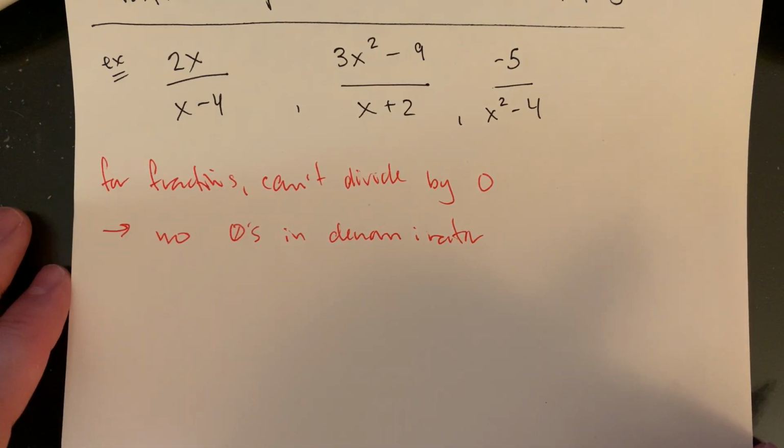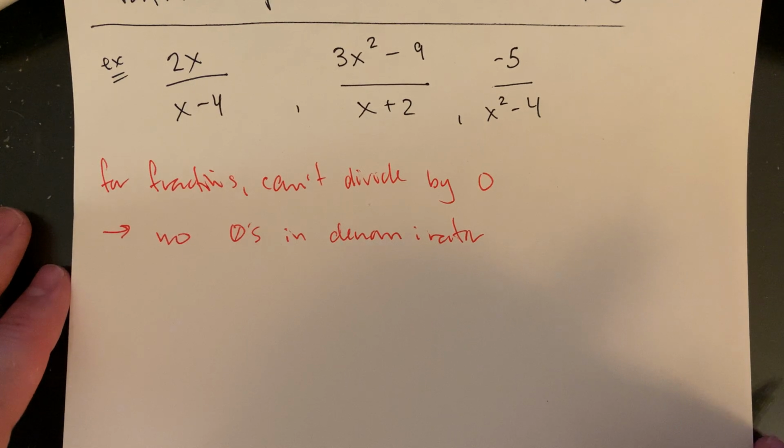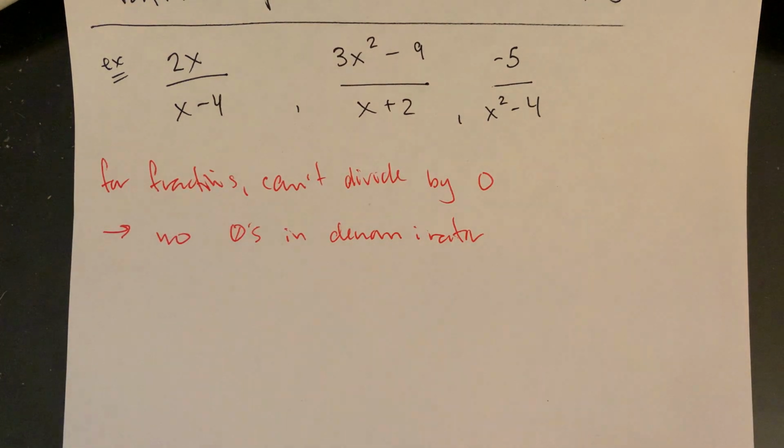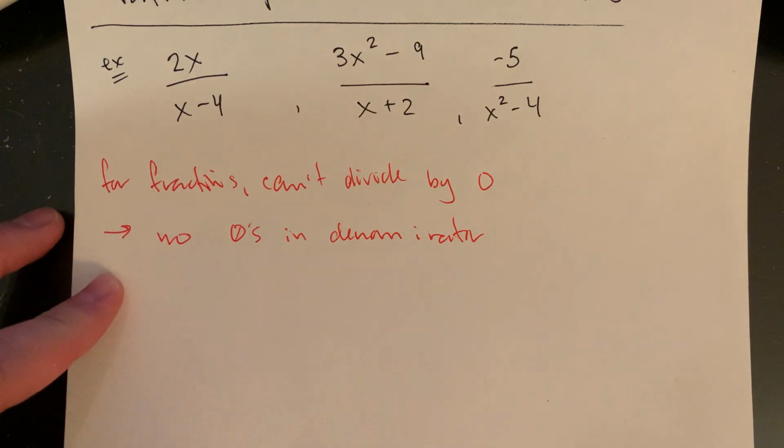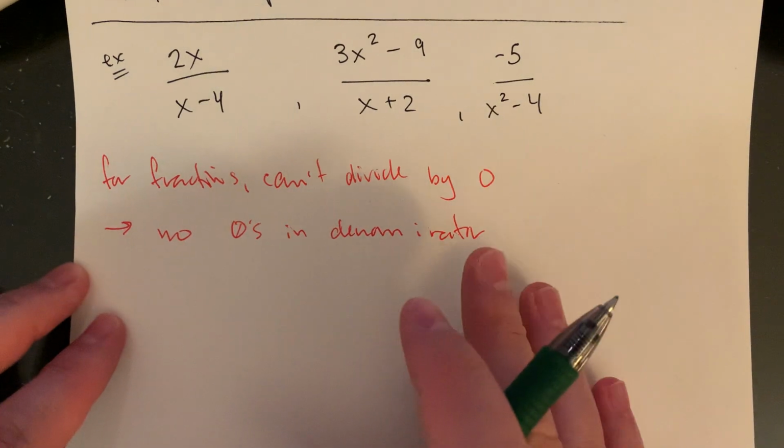At which point you probably would say, well, it doesn't look like we will, right? We're going to have x minus 4s and x plus 2s and whatever. And I would say, yeah. So that stuff doesn't look like 0, but in theory, any of these x's, we need to sort of think ahead, right? If we were going to evaluate these expressions and start to put some numbers into them. And so we need to kind of think ahead and think about what are the kind of numbers that would make the denominators 0. And we need to essentially make sure we avoid them. We're going to exclude them from what we call our domain, which I think we'll define here in a second.